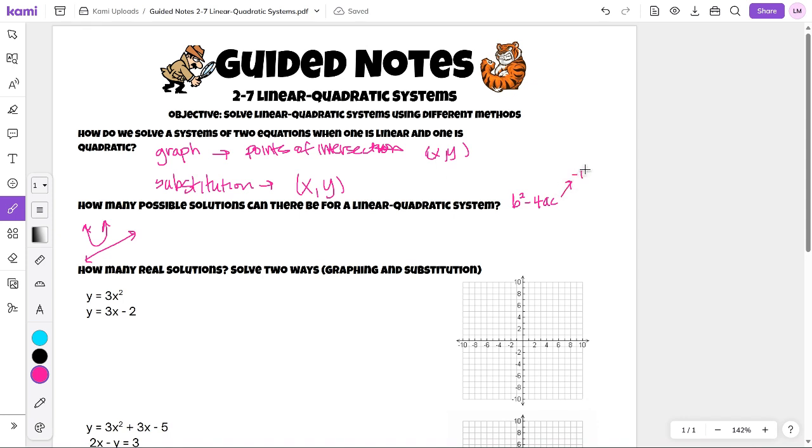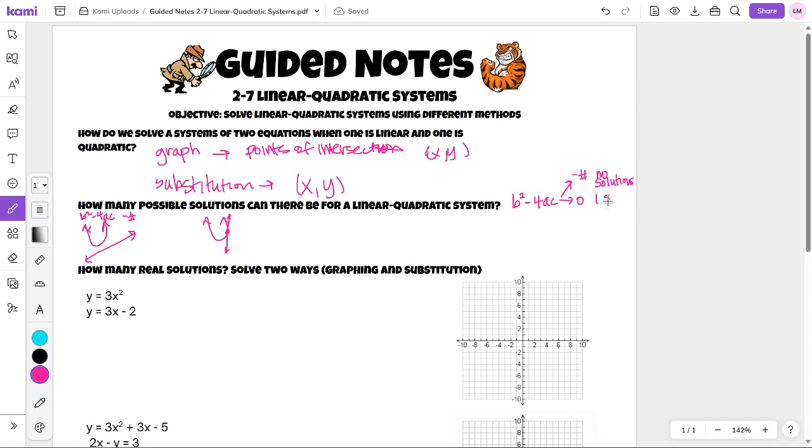So if I get a negative number, I have no intersection points. Remember, that's no real solutions. So this would be when b squared minus 4ac is a negative number. When b squared minus 4ac is 0, I end up with a tangent line to the graph, meaning my line is only going to hit the parabola at one place.